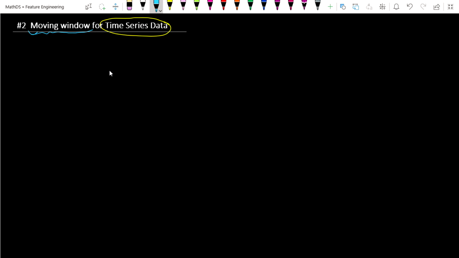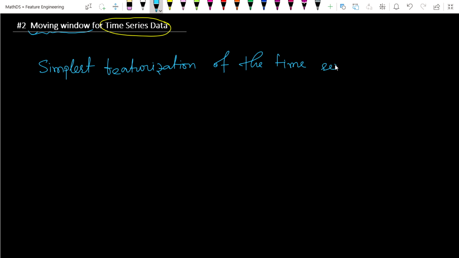This is the simplest featurization technique of the time series data. The most simplest one, this one is.